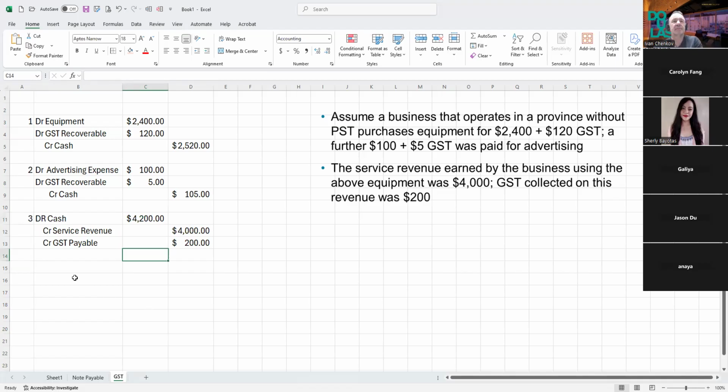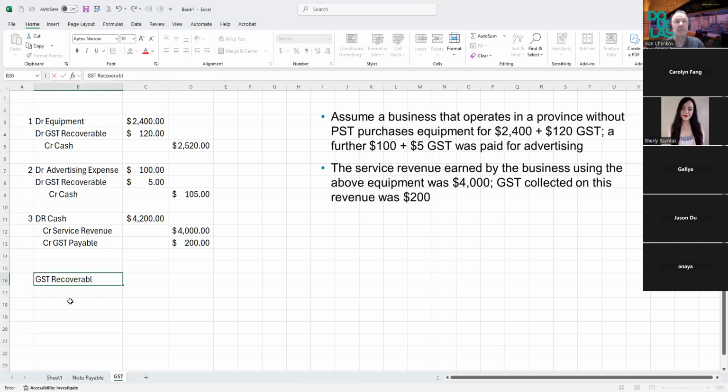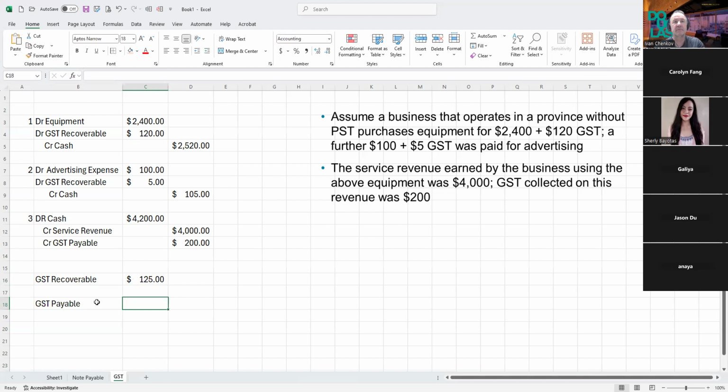So what we can see is we have GST recoverable for the amount of 120 plus $5, and we have GST payable for the amount of $200, correct?